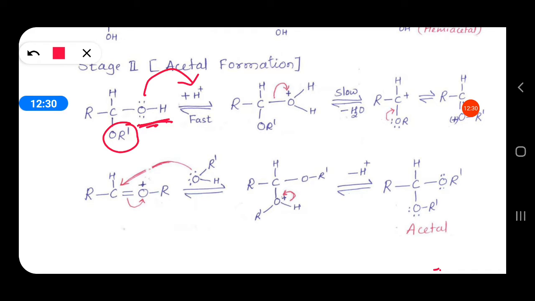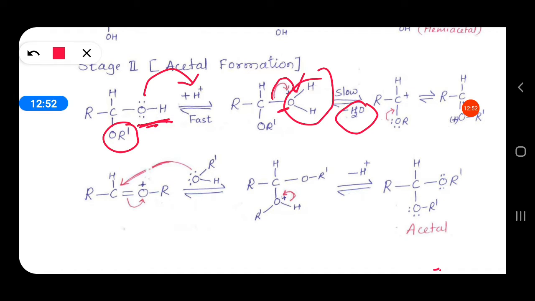Up to this the reaction is fast, and after that slowly the CO bond electrons are given to oxygen so that H2O is removed, and this carbon gets a positive charge because of losing the electrons.